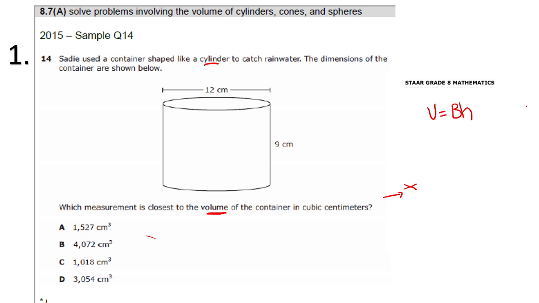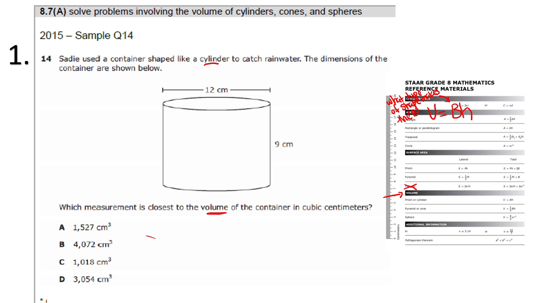Now we have an additional question to answer. This B, we have to figure out what type of shape makes the B. And the type of shape that makes our B is a circle.